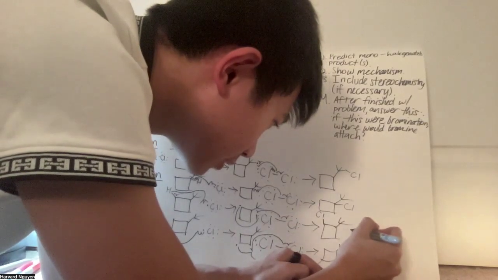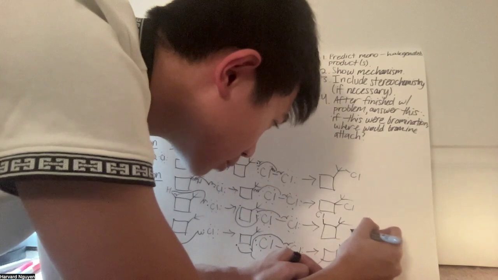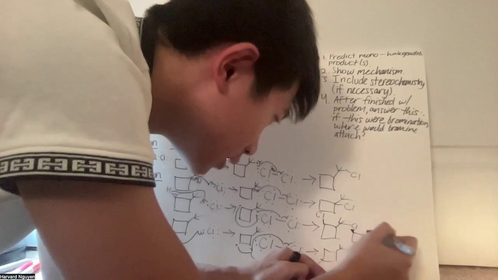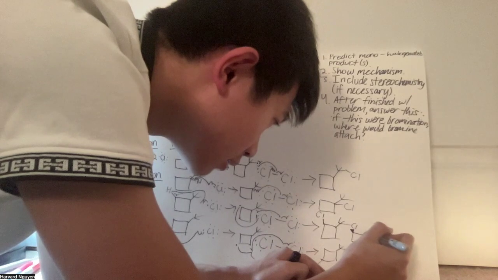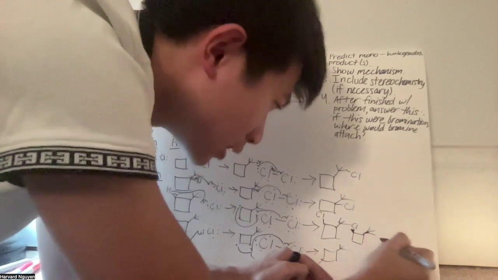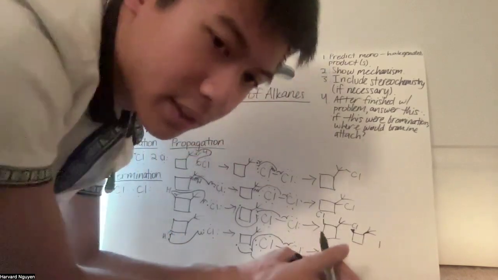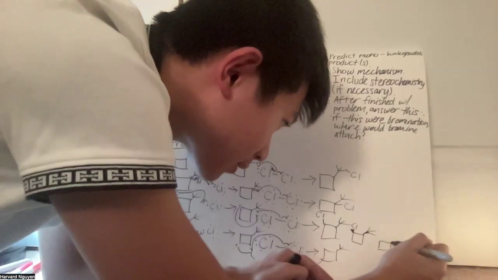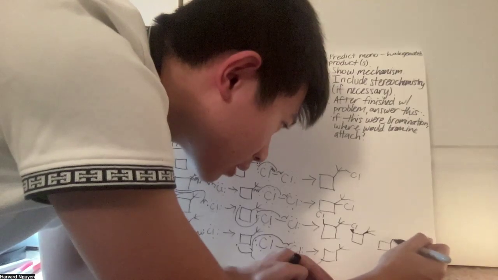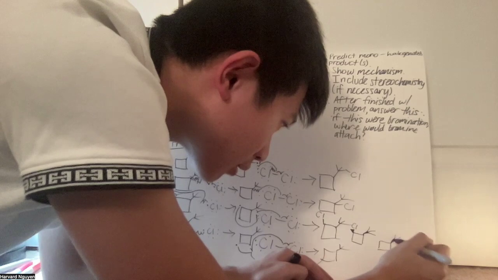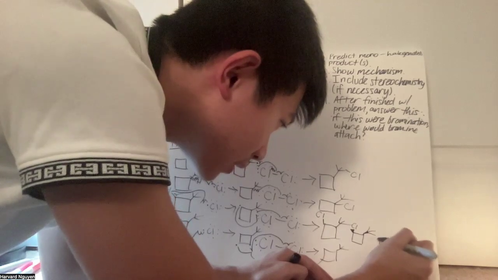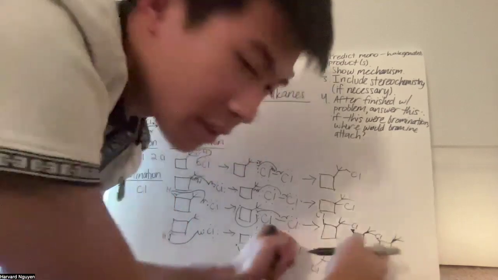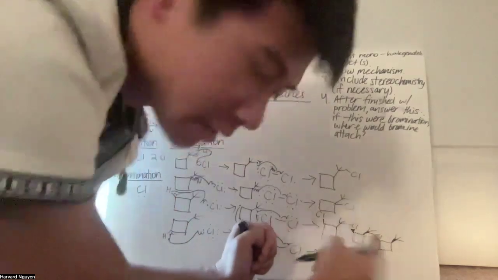So draw the bold and then the dash. Sorry, can you guys see that? And the dash. Then there's a dash. All right.